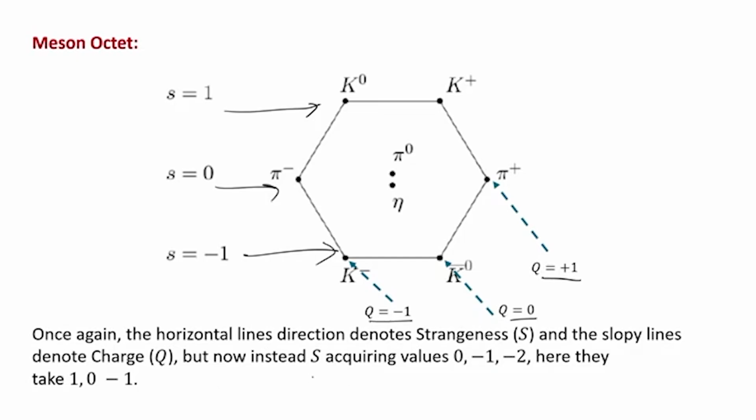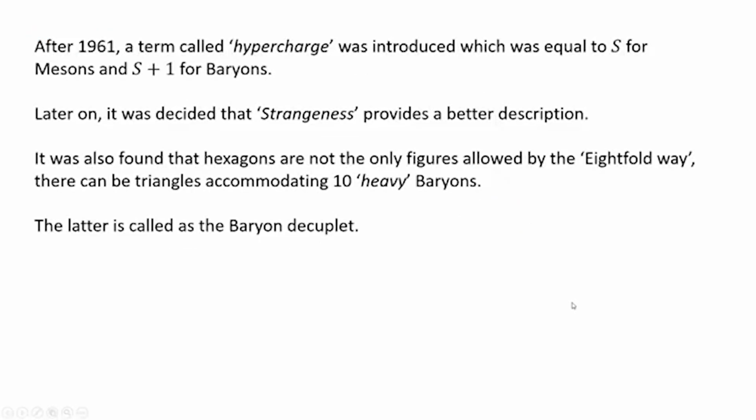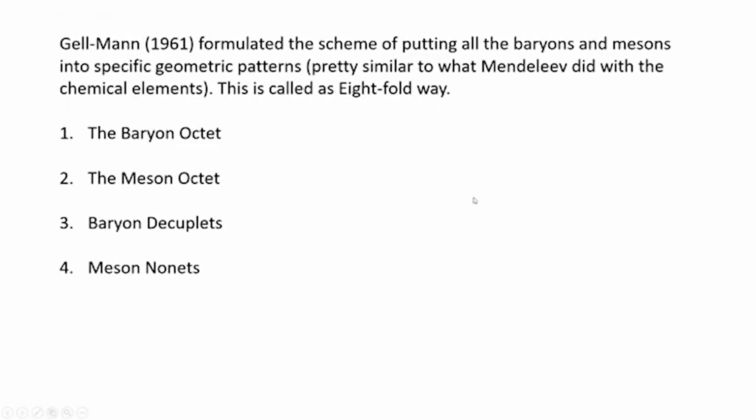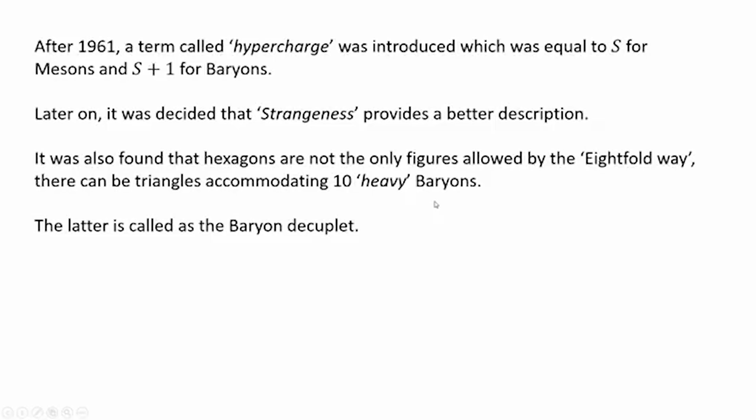But this anomaly is there with the baryon octet, that s acquiring instead of these values 0, -1, -2, they take values of 1, 0 and -1. So, as we have discussed, Gell-Mann in 1961 formulated this scheme, and after 1961 a term called hypercharge was introduced, which was equal to the strangeness for mesons, and which was s equal to s for mesons and s plus 1 for baryons.